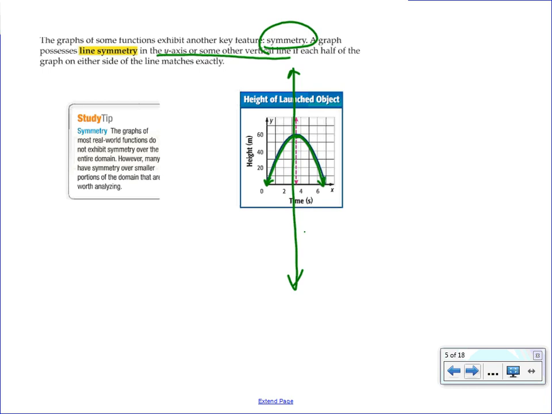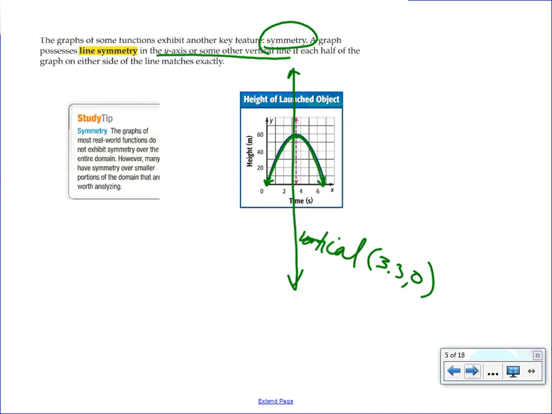In this case, it's a vertical line at what? I would say about 3, 0. It's not at 3.5. It's close to 3.5 though, and it's not at 4. All right.